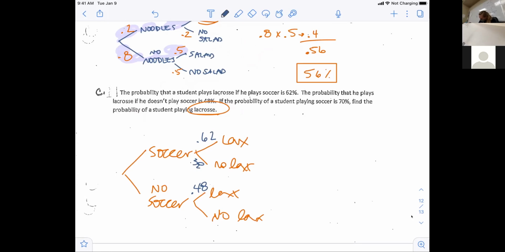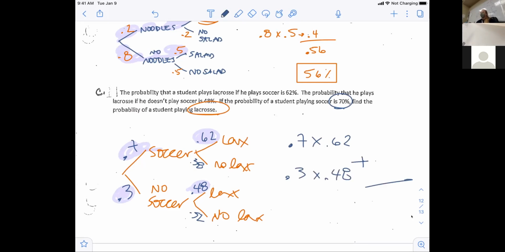And 100 minus 48 is 0.52. Probability of yes soccer is 0.7 and no soccer is 0.3. And so we just follow the road to lacrosse. 0.7 times 0.62, 0.3 times 0.48. Add those numbers together. I'll finish it on here, but we'll pray together, okay?